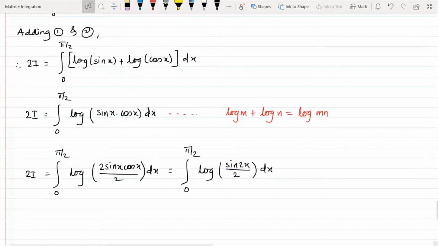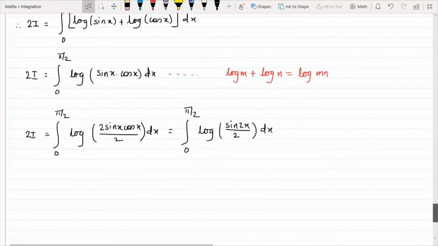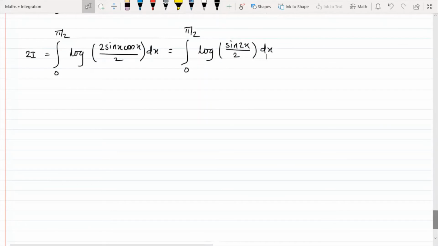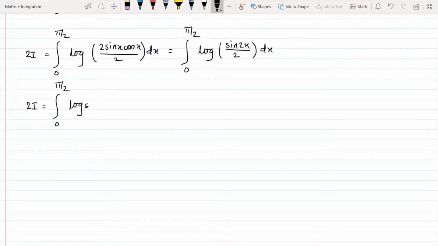Now what can we do in the next step? Again with reference to the property of logarithm, I can write 2I as the integral from 0 to pi by 2 of log of sin 2x minus log of 2 dx.